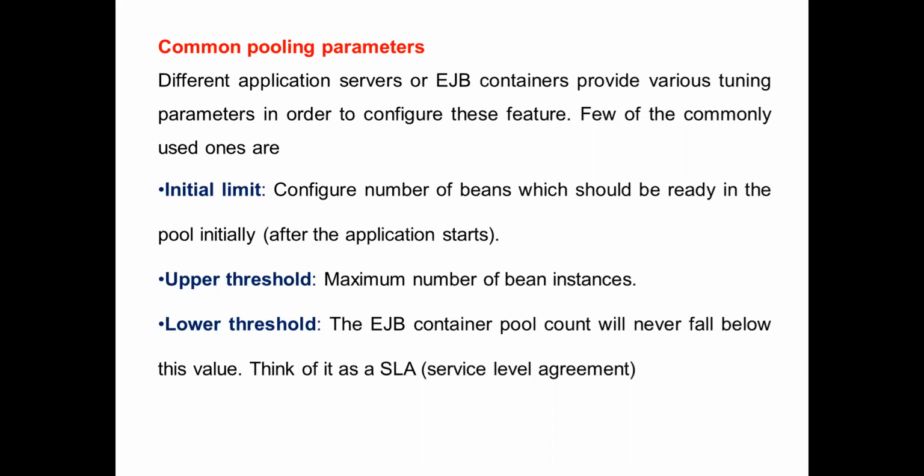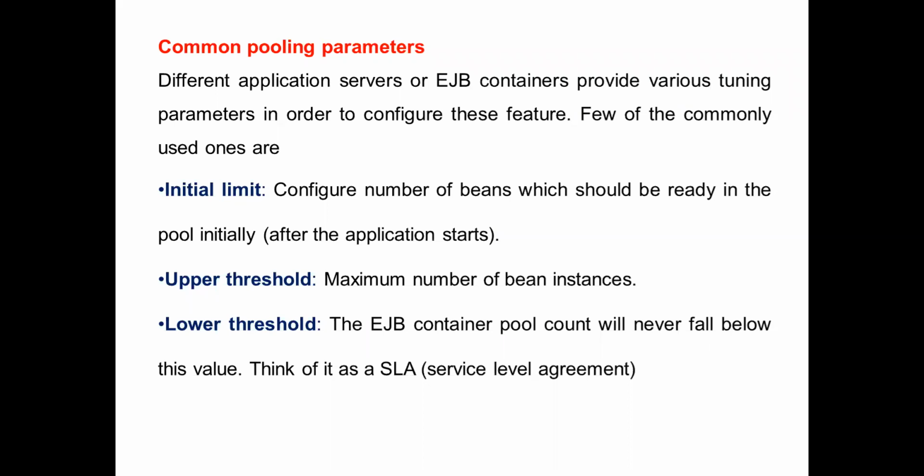It configures the number of beans which should be ready in the pool initially, meaning at the start of the application. So we can set the limit so that the configured number of beans is ready at the start in the EJB container. This is one type of parameter we have to set.